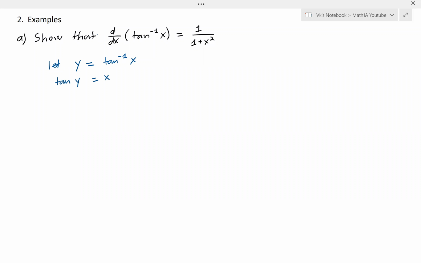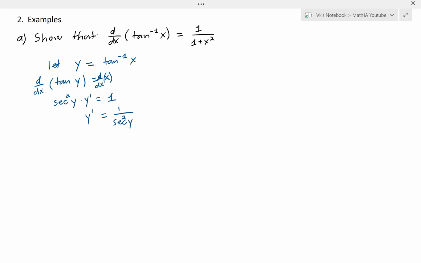That's just the inverse property. And then from here, we can take the derivative of both sides with respect to x. Derivative of tangent x is secant squared x. So derivative of tangent y is secant squared y times y prime. Derivative of x is 1. And then from here we have y prime to be 1 over secant squared y.